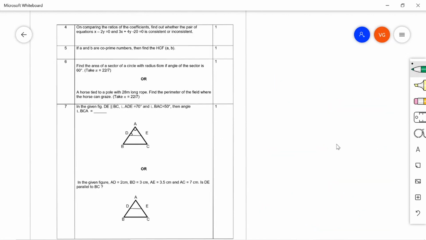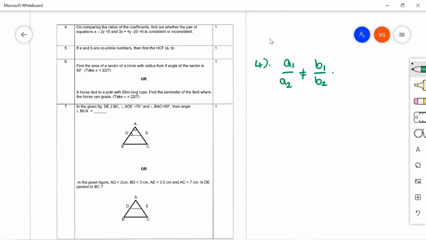Question number 4 is, on comparing the ratios of the coefficients, find out whether the pair of equations x minus 2y is equal to 0 and 3x plus 4y minus 20 is equal to 0 is consistent or inconsistent. So the condition for checking the consistency here is a1 by a2 should not be equal to b1 by b2.